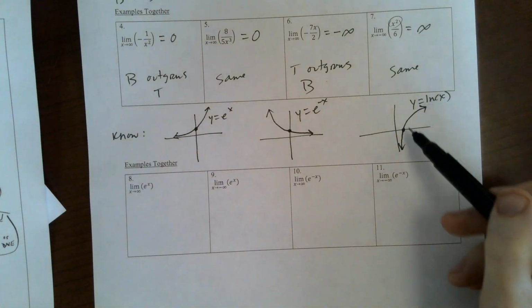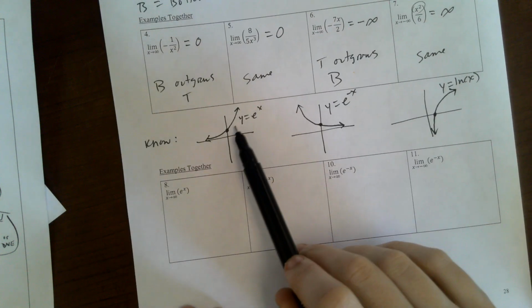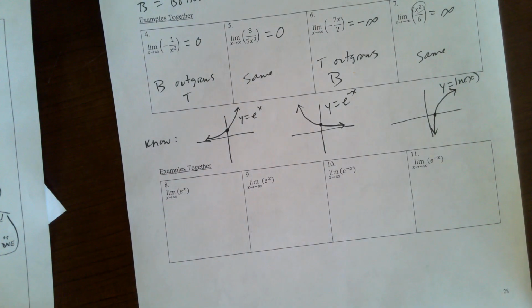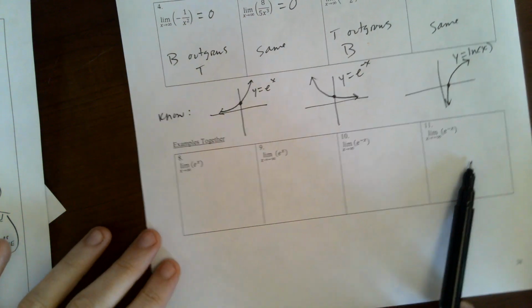So it does keep growing as x moves right, but not exponentially. Exponential growth would look like that. Okay, so let's use these graphs, or these 2 anyway, to evaluate these limits.